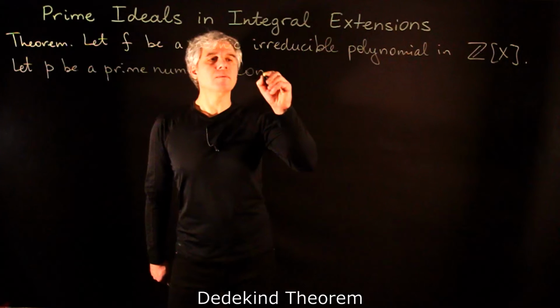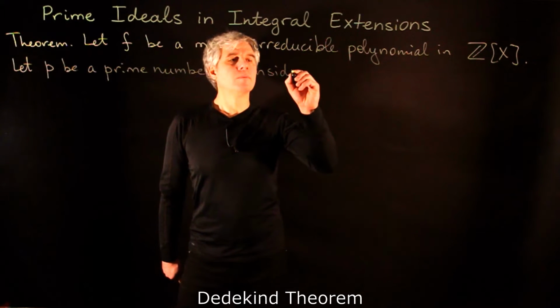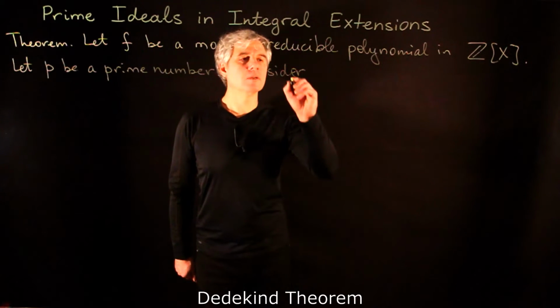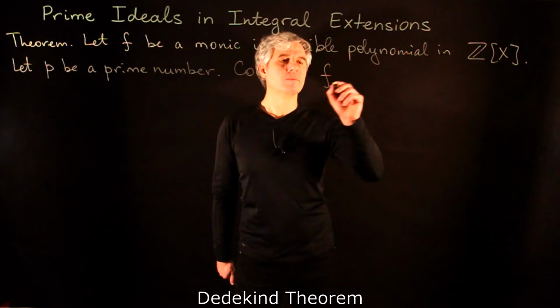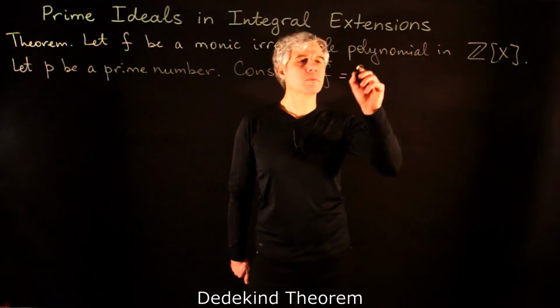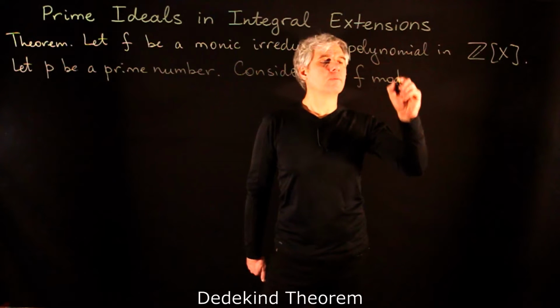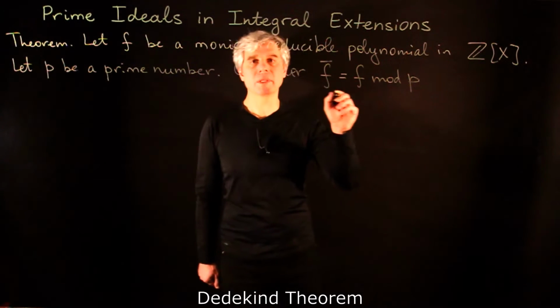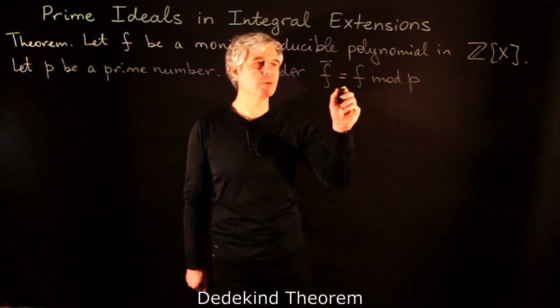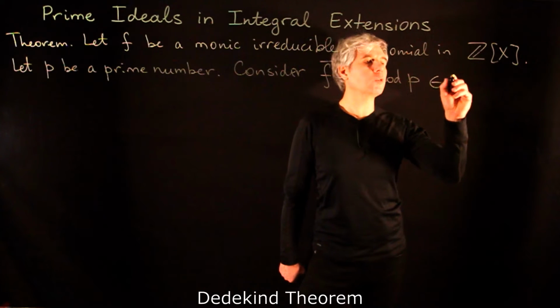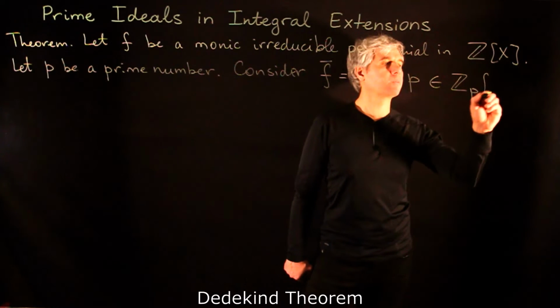And we consider the reduction of f mod p, which we'll denote by f bar. So here we reduce each coefficient of f mod p. So this will be a polynomial in Z_p[x].